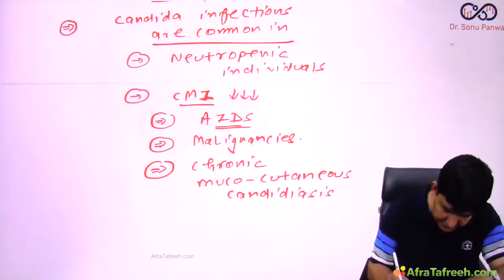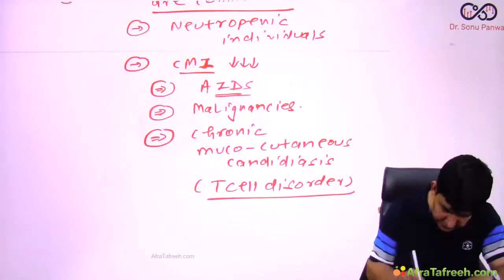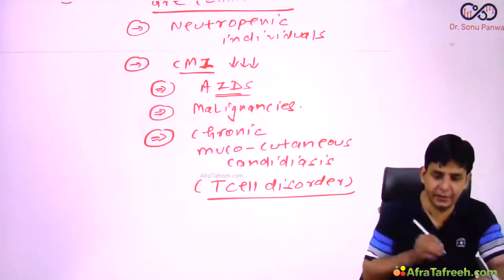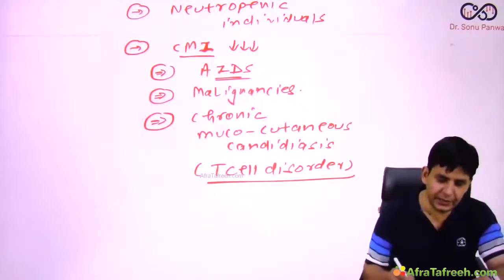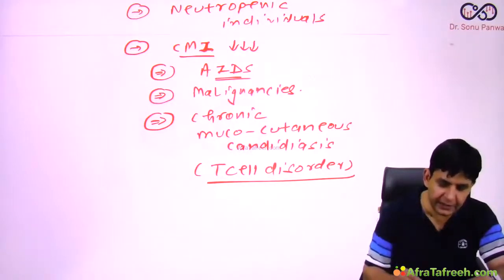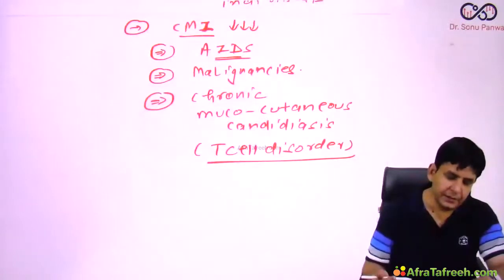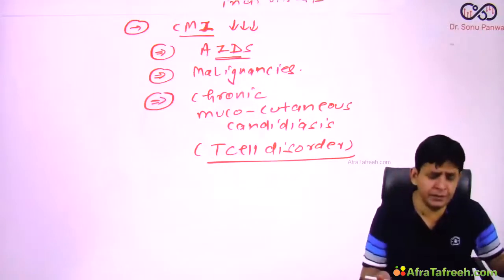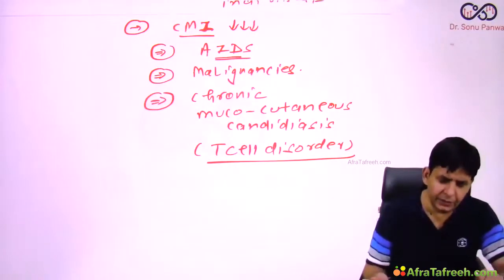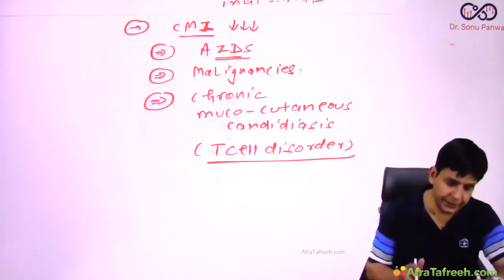That is a T cell disorder, in which throughout life the person struggles with Candida infection. So this also need to remember. T cell disorder, chronic mucocutaneous candidiasis, malignancies and AIDS. There are number of others which hamper this CMI, and you need to remember they all can have the Candida infection. Okay.